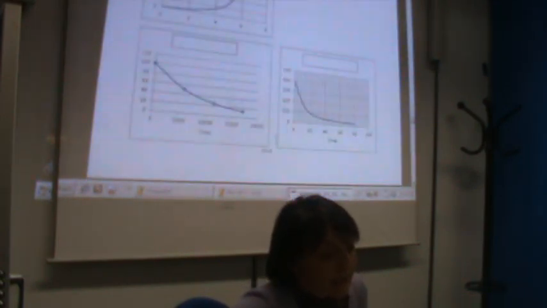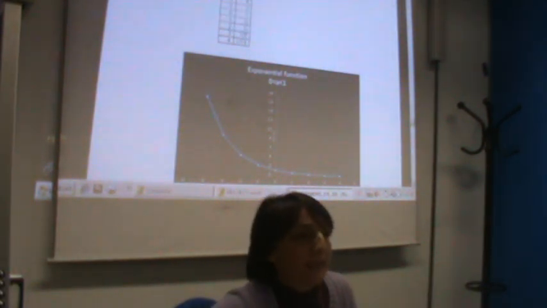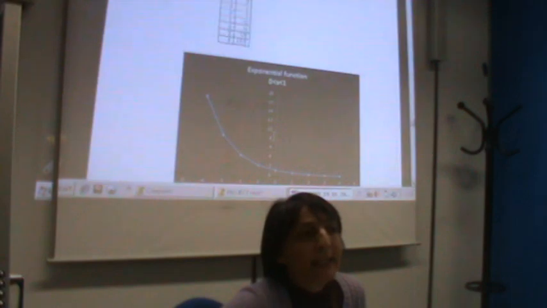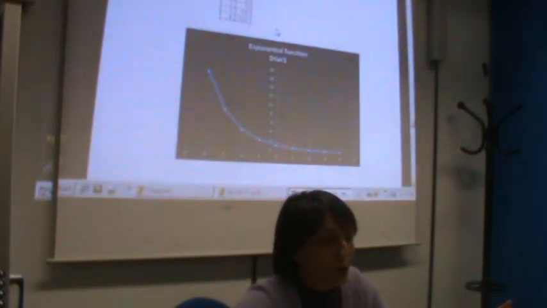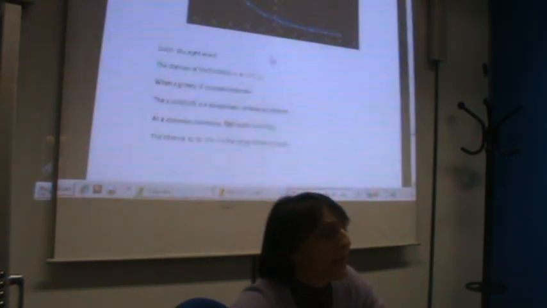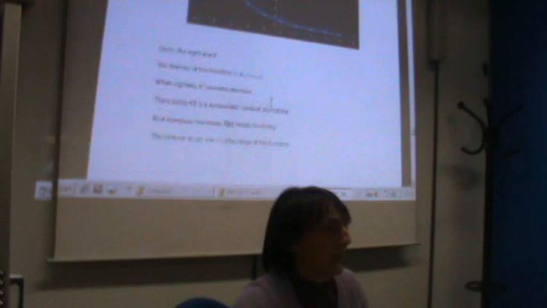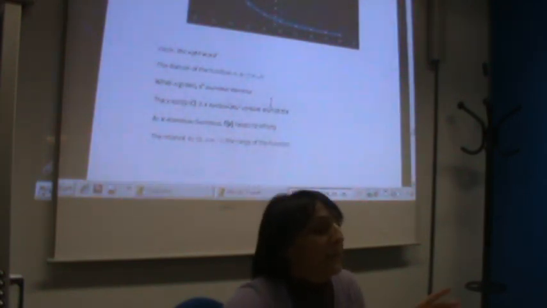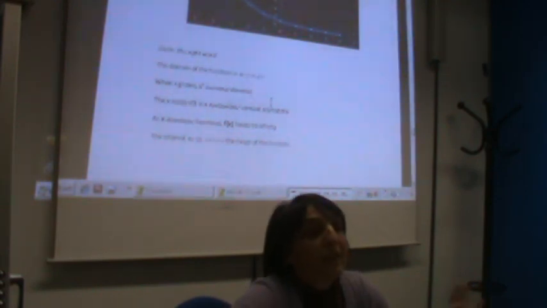The last exercise is again an assessment of learning for the function in the case a is between 0 and 1. I gave them the proper graph of the exponential decay function, and then I asked them to circle the right word. And of course, because they knew the function in the case a is over 1, they can easily deduce the proper words from this graph.